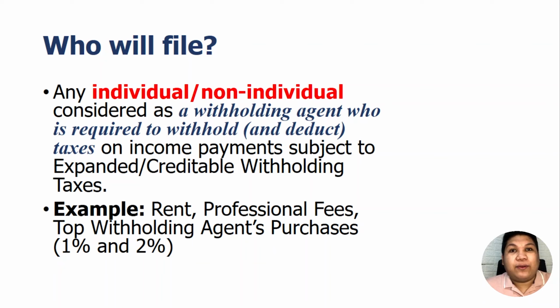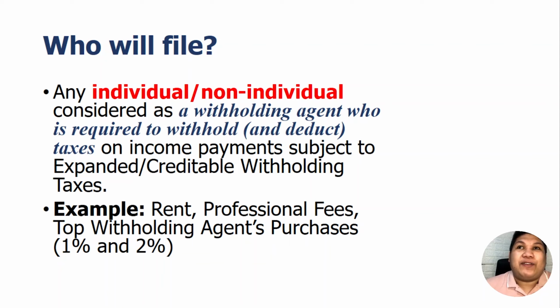For example, if you are a BIR registered taxpayer, and in your COR or certificate of registration it is indicated that you should be filing 1601EQ, then you should be withholding taxes on your income payments.